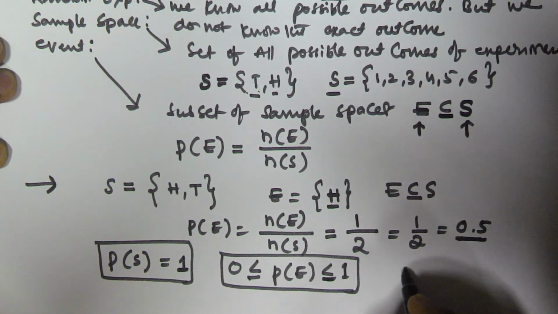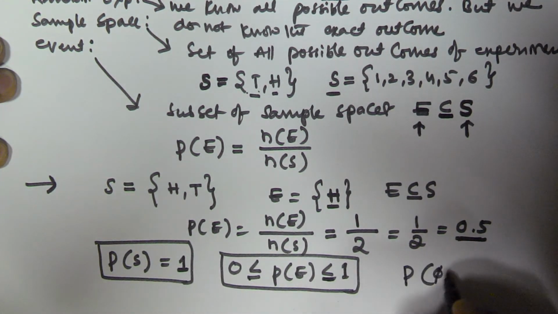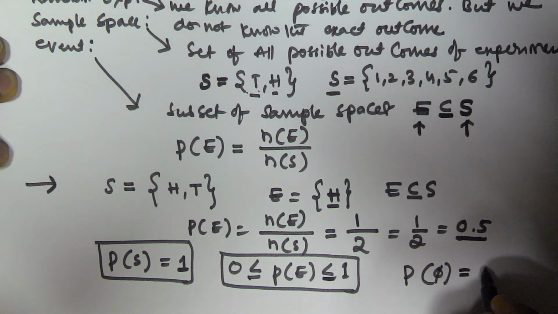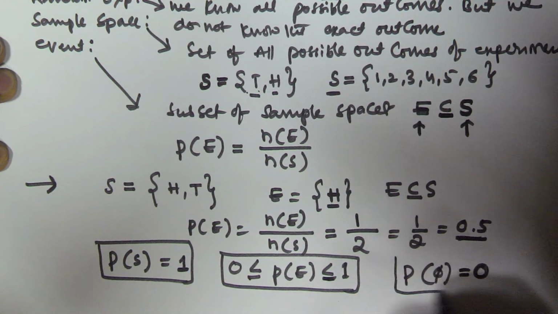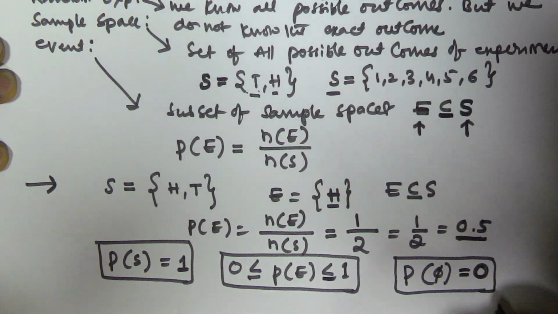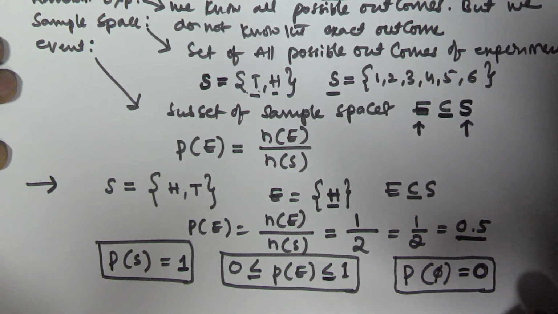And the probability of the null set is always 0. So these are some basic properties of probability.